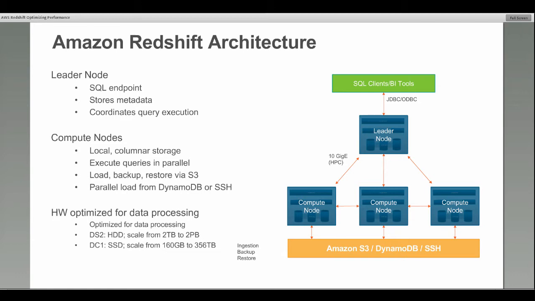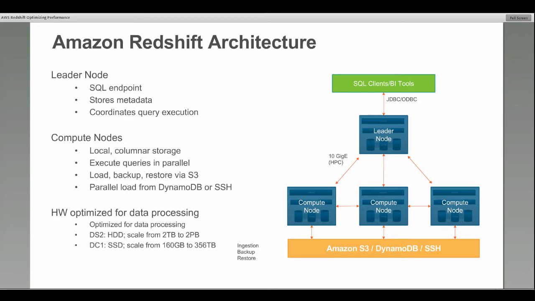It stores metadata that contains information about the compute nodes, and it pushes down the query execution to all the compute nodes where all the data is stored, and then the query is processed in parallel across all those nodes. Data is loaded in parallel into these nodes via the AWS Simple Storage Service, or from our DynamoDB NoSQL service, or through an SSH tunnel.